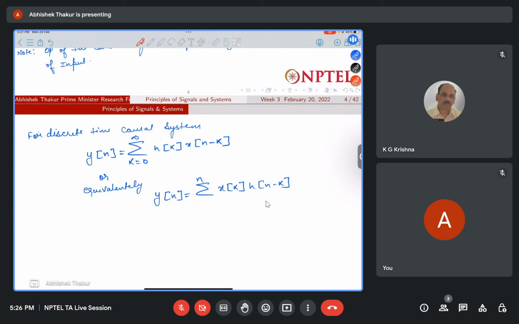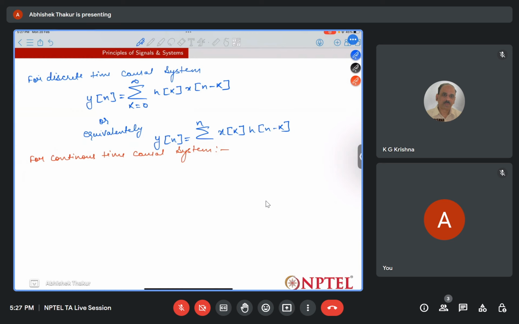And similarly, we can write for continuous time also. We'll also solve some questions after going through the theory, and we'll see the stability condition as well after that. Similarly, here only n and k will change into t and tau.